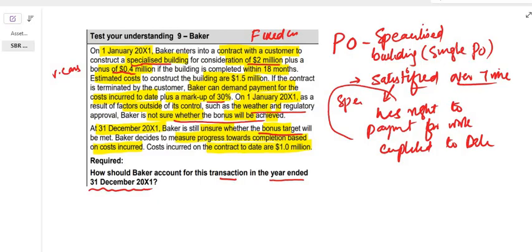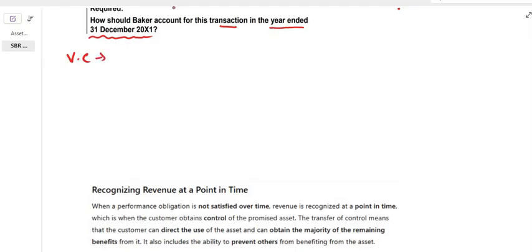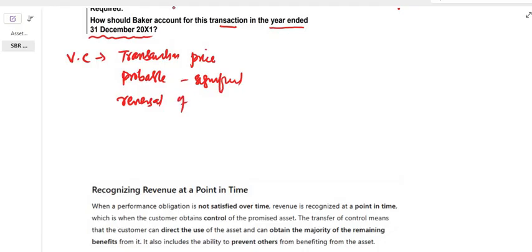For variable consideration, we have studied that it should only be included in the transaction price when it is highly probable that a significant reversal of recognized revenue will not occur.